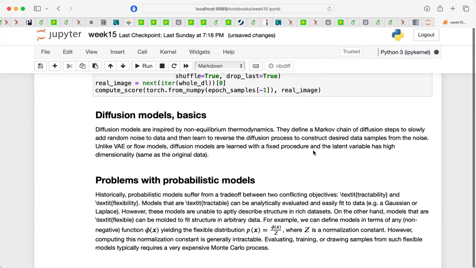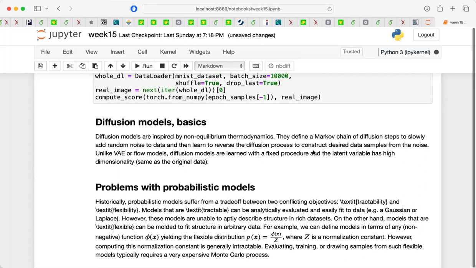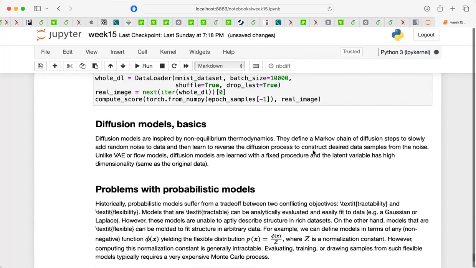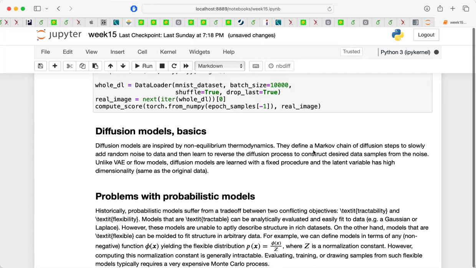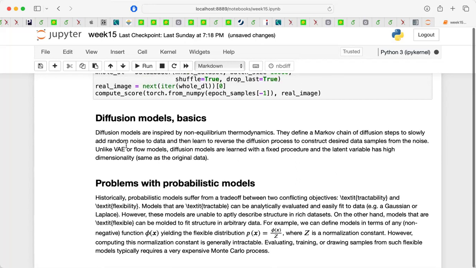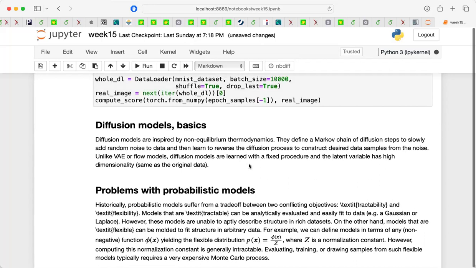In a way, they are superseding the basic philosophy of generative adversarial networks and also variational autoencoders and Boltzmann machines and so on, and I will try to motivate why. Next week, we will dive more into the mathematics of the diffusion models. They typically define a Markov chain of diffusion steps to slowly add random noise to data and then learn to reverse the diffusion process to construct desired data examples.